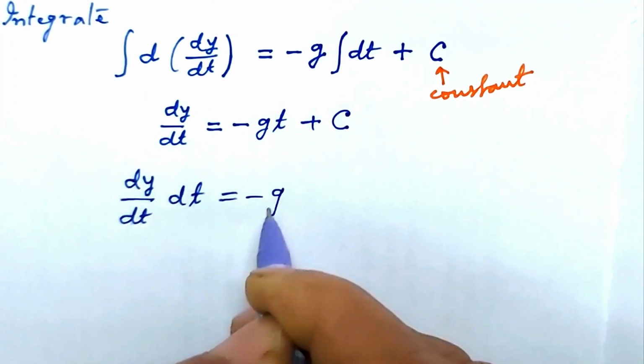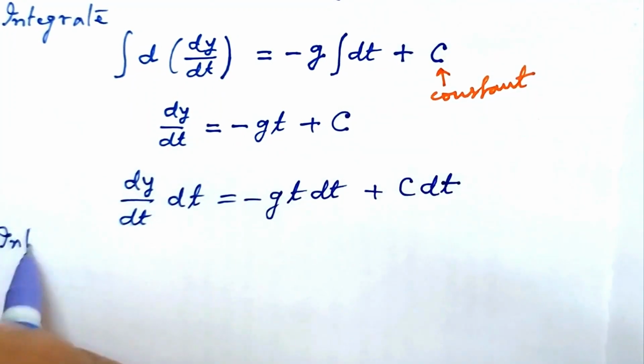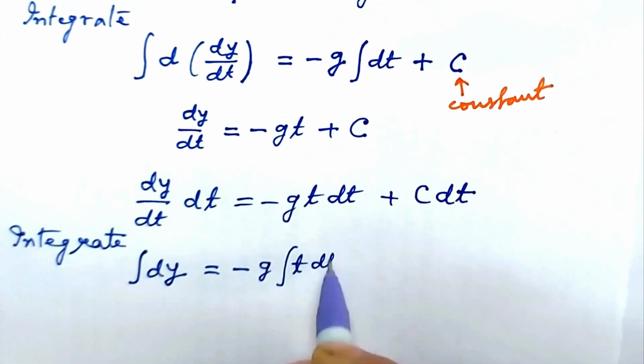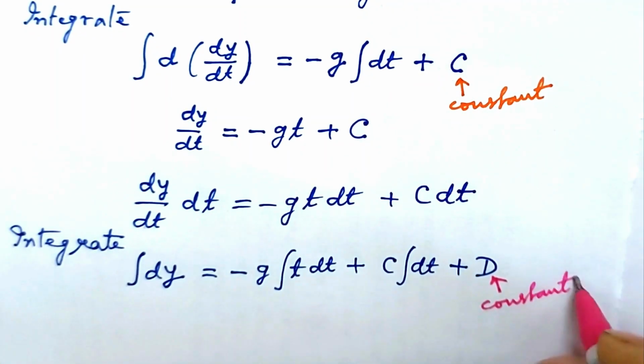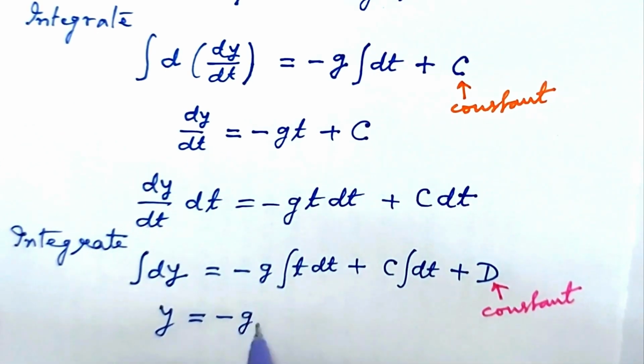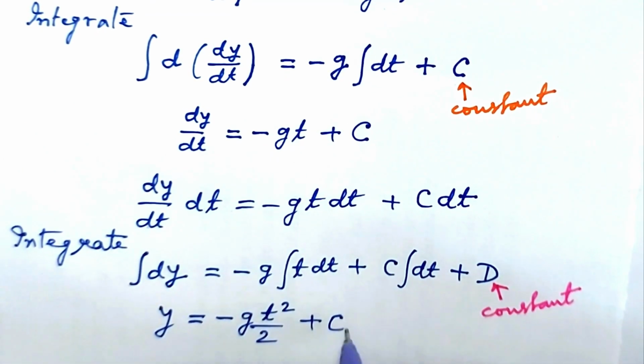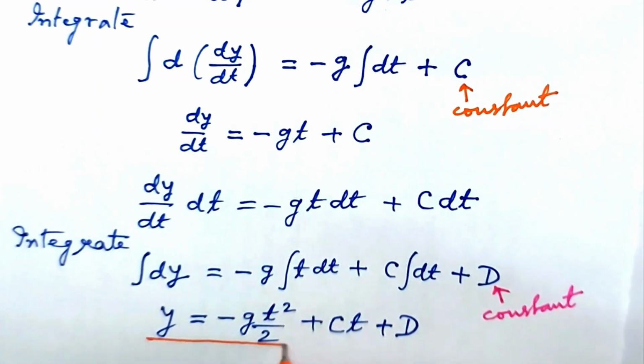Multiply again by dt on both sides and integrate. And now we get another constant d in the process. The equation we end up with is y equal to minus gt square by 2 plus ct plus d.